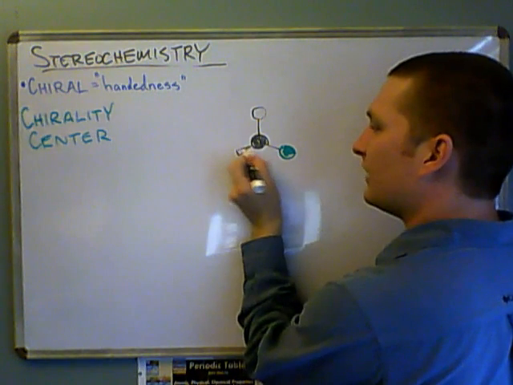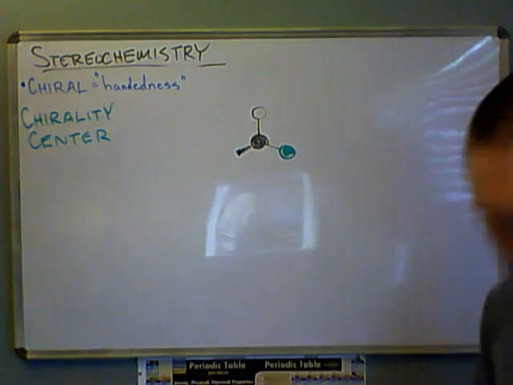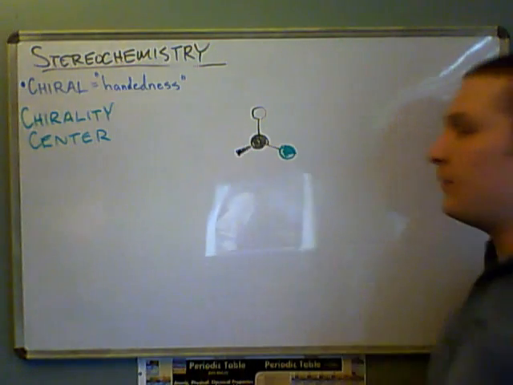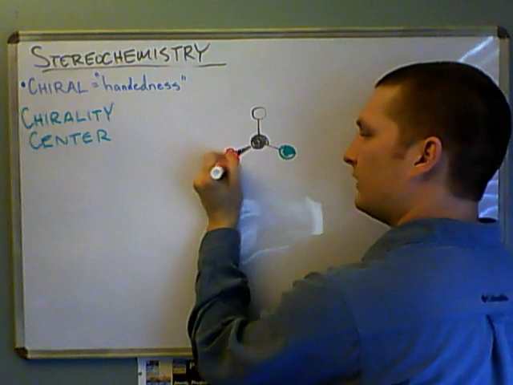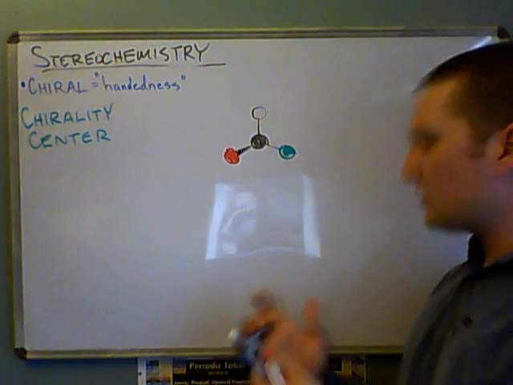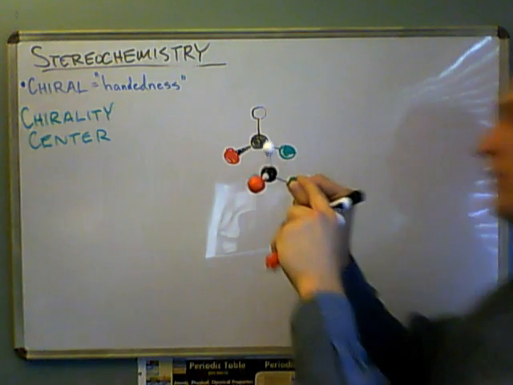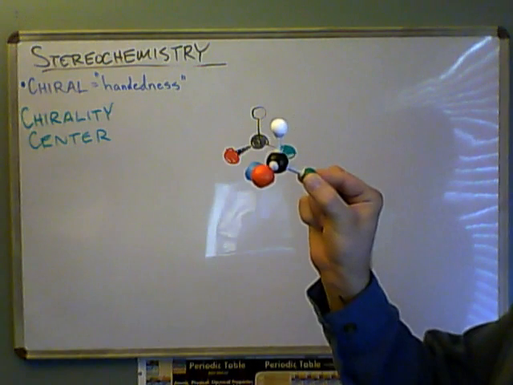I'm going to color it in. Like that. And when you see that, that means that that is coming out of the plane of the board here. Just like this molecule here, this one is in line with the board. This one is in line with the board, but this one's sticking out towards you.